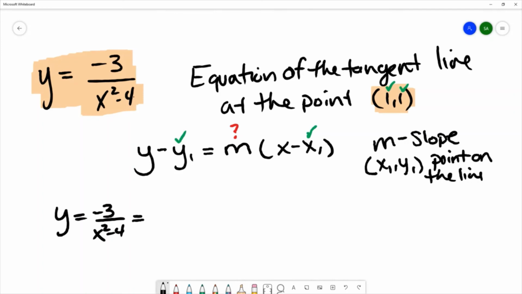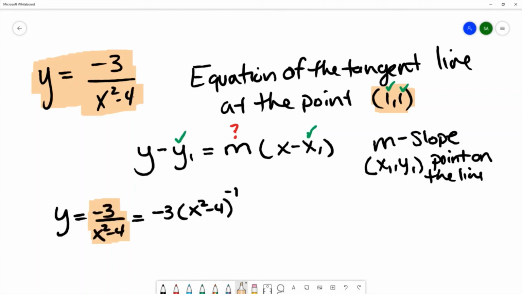But before I calculate the derivative, I'm going to rewrite it in a format that might be a little bit easier to calculate the derivative. That's -3 over x squared minus 4 to the -1 power. So if you leave it in the original form, you have to use the quotient rule to calculate the derivative.